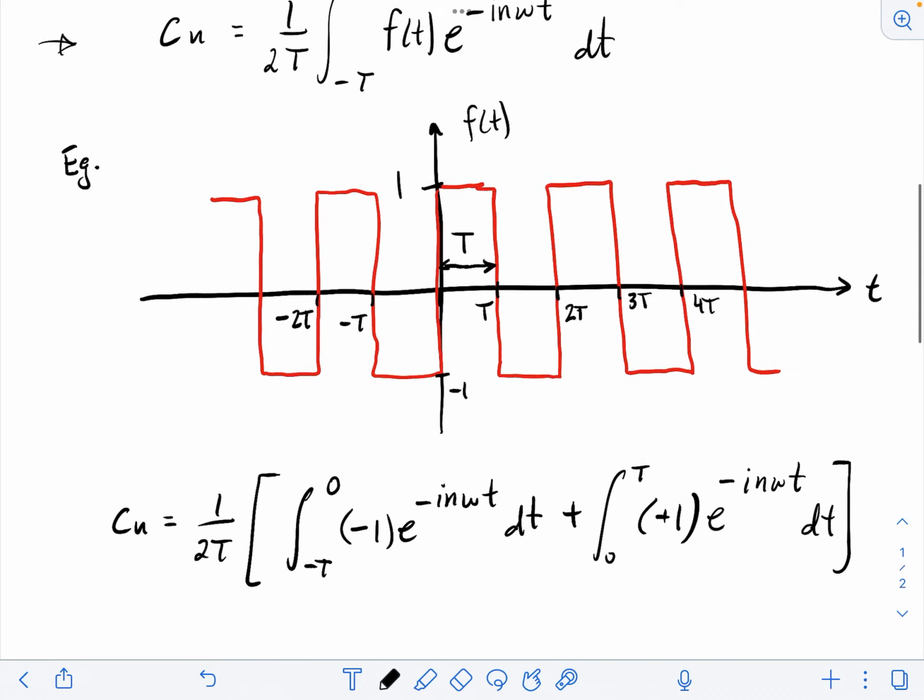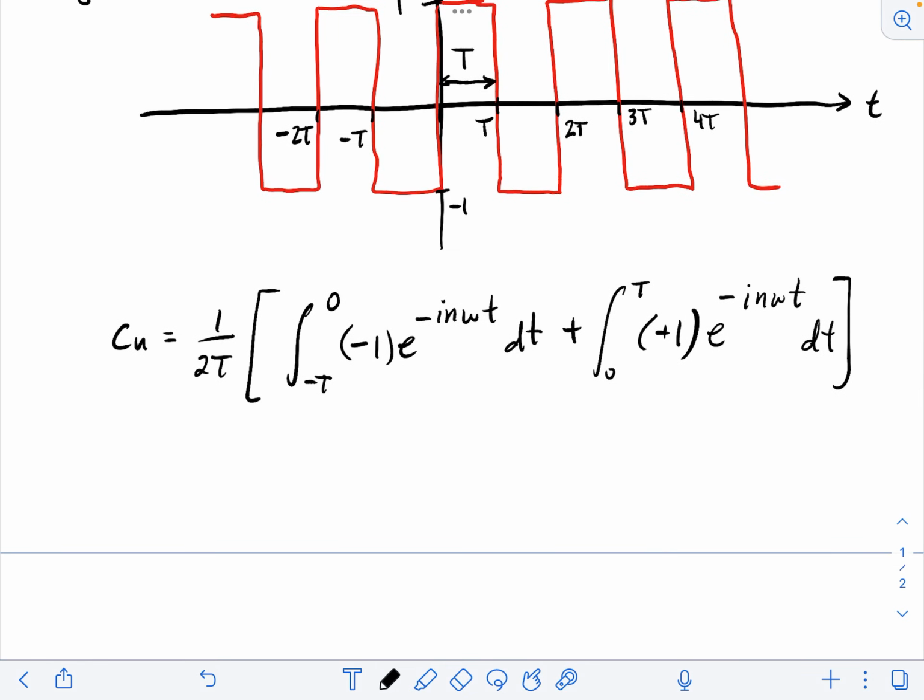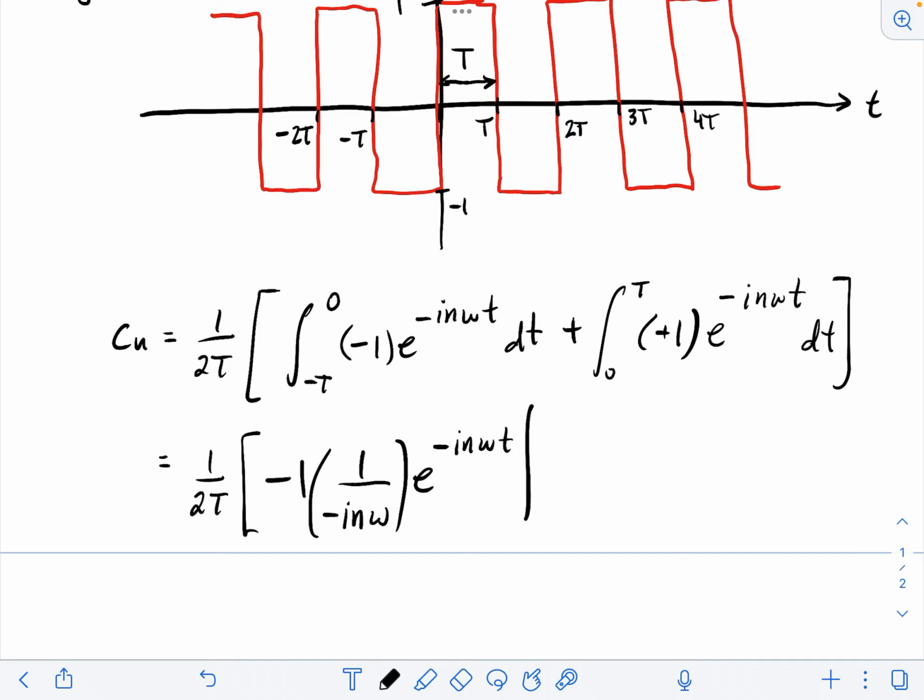Okay, so the clear advantage of using the complex exponentials is that these integrals are very easy to evaluate. And so we have 1 over 2T, and then we just have to keep track of all of the minus signs correctly. So we have a minus 1 from the f of t, and then when we integrate, we get a 1 over minus i n omega, and then we have e to the minus i n omega t, evaluated from minus T to 0.